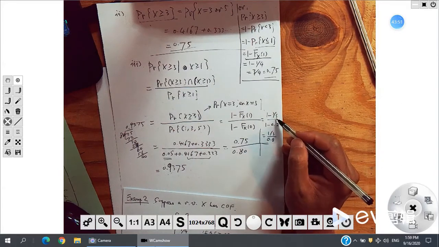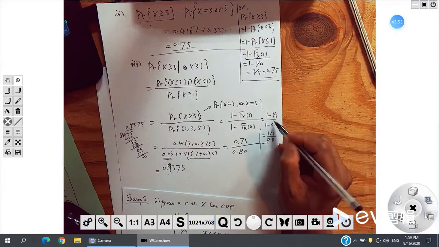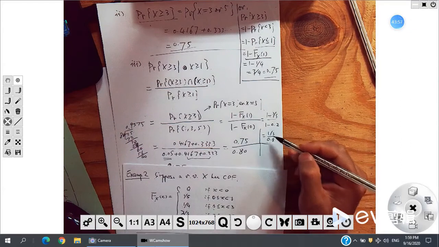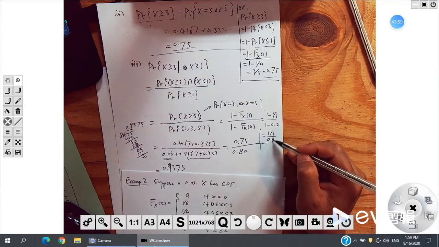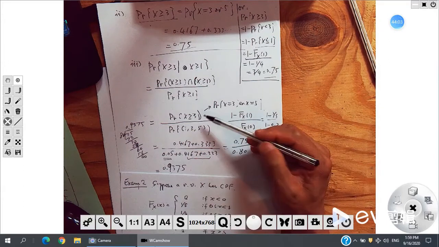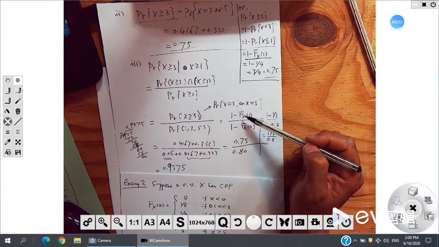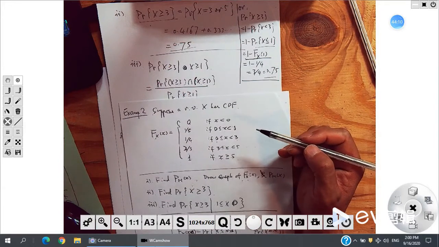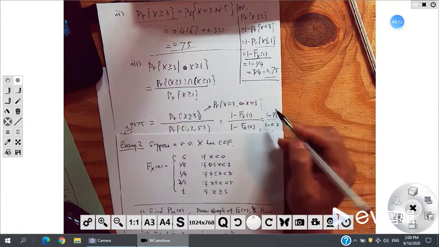It is 1 minus this. I confused myself. What is it? Larger than 3, so it's 1 minus smaller than 3.